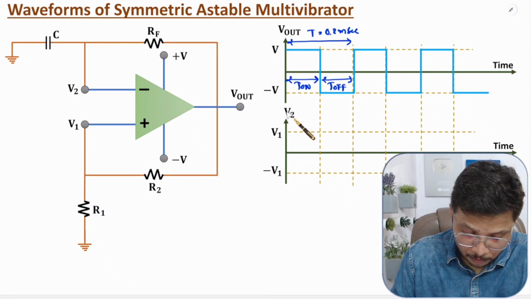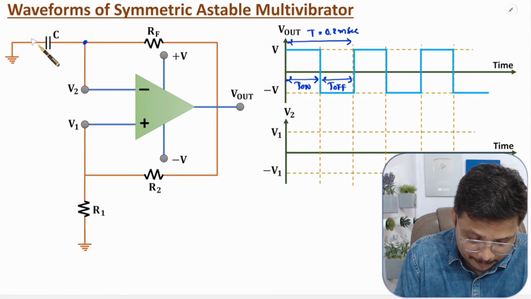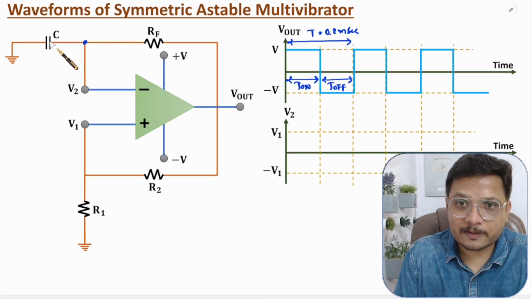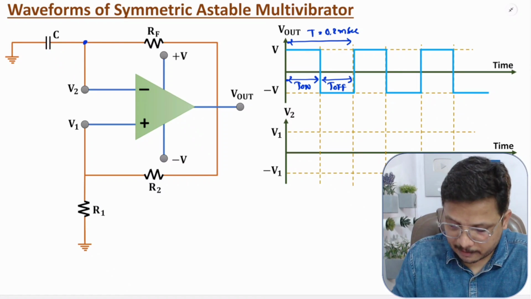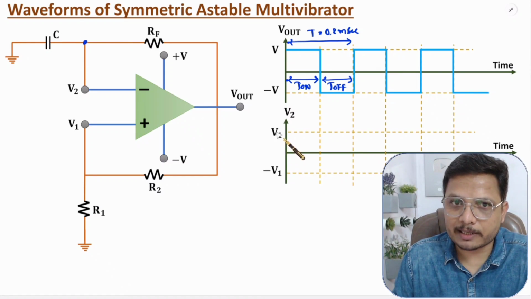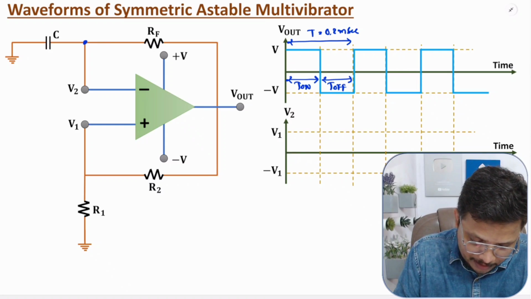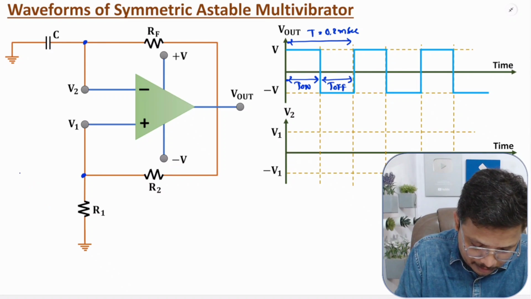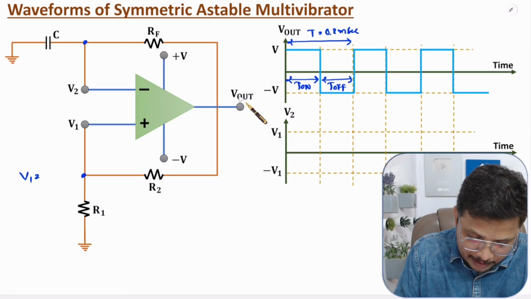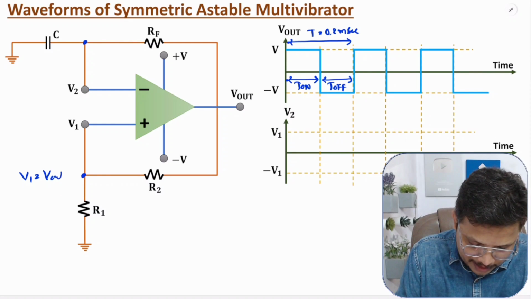And here V2 that is a voltage across this capacitor. So voltage across capacitor that is varying in between minus V1 to plus V1. And what is the value of V1? Value of V1 that is here this V out into R1 divided by R1 plus R2.